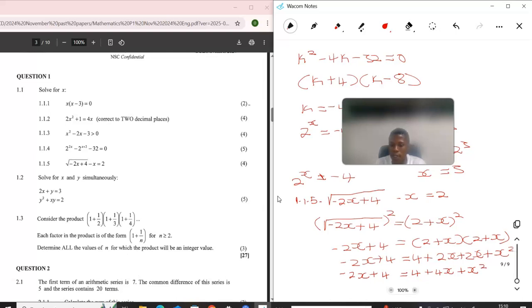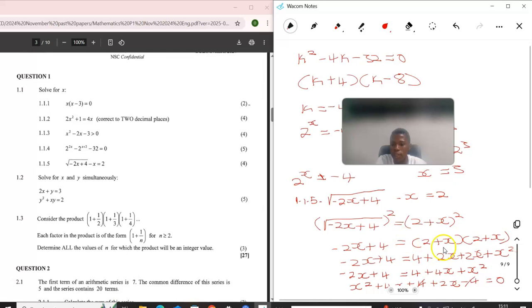Therefore I'm going to take everything here and transpose to that side. I'm going to get x squared plus 4x plus 4 minus 2x minus 4 is equal to 0. Therefore this one cancels this one.